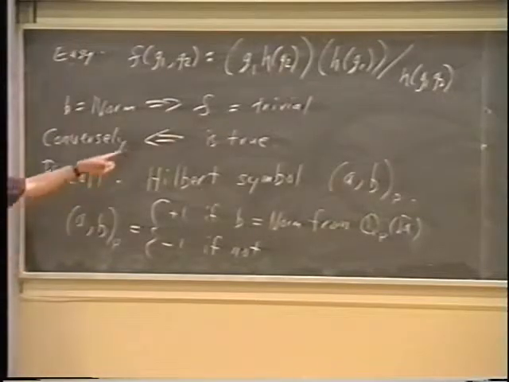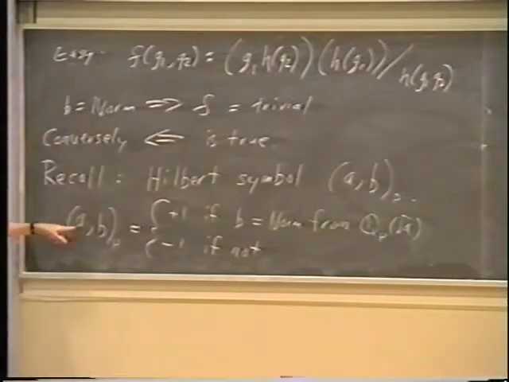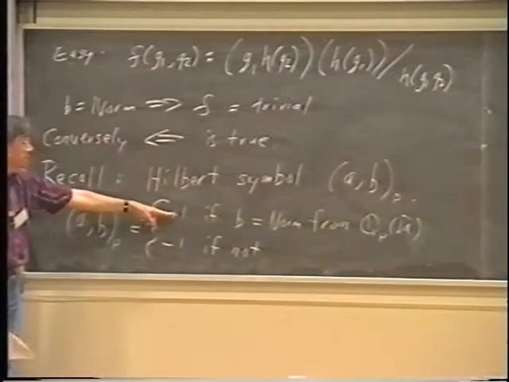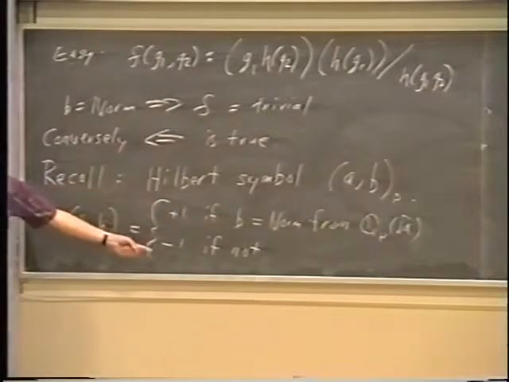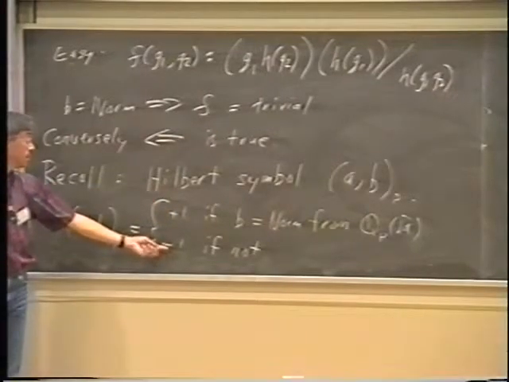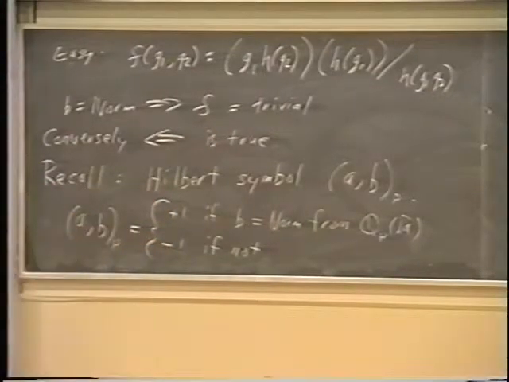Well, you can see that means that F is essentially giving us the Hilbert symbol, because F is trivial exactly when the Hilbert symbol comes out plus 1, and F is non-trivial exactly when the Hilbert symbol comes out minus 1.